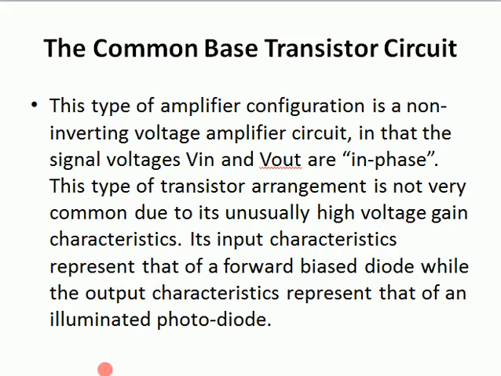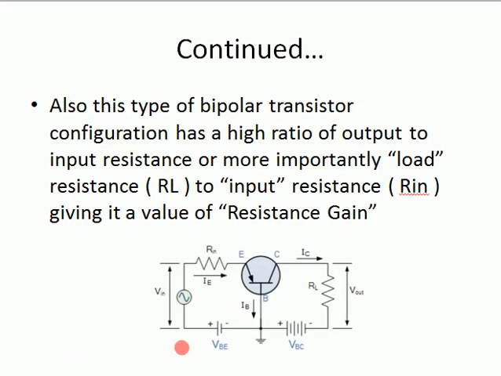Here we are having an AC signal, as you see this, and at the output side we are having the same polarity. If we are having the same polarity as that of the input signal, that is known as the non-inverting signal.